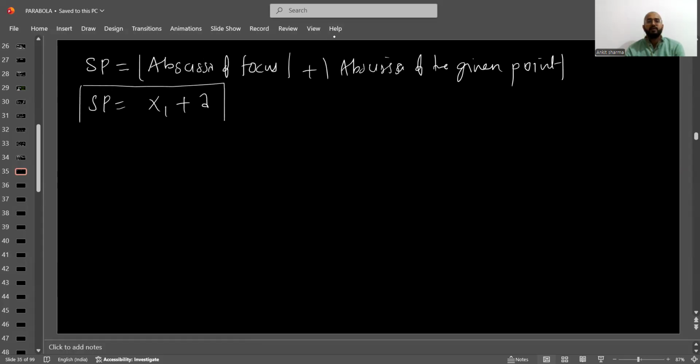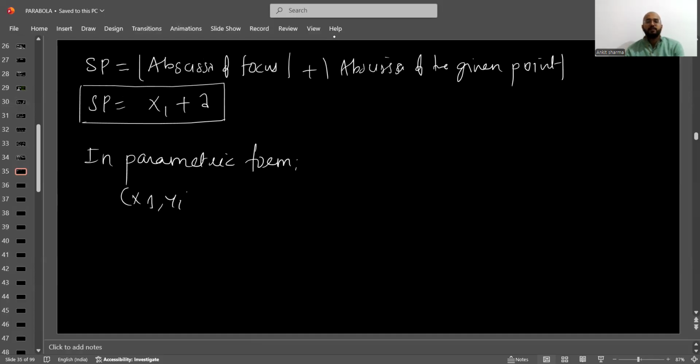Suppose I have the parametric form. So in parametric form, how can I write it? This x1, y1 is going to be basically at square comma 2at. So SP is going to be basically x1 is at square, and then plus focus is a only.